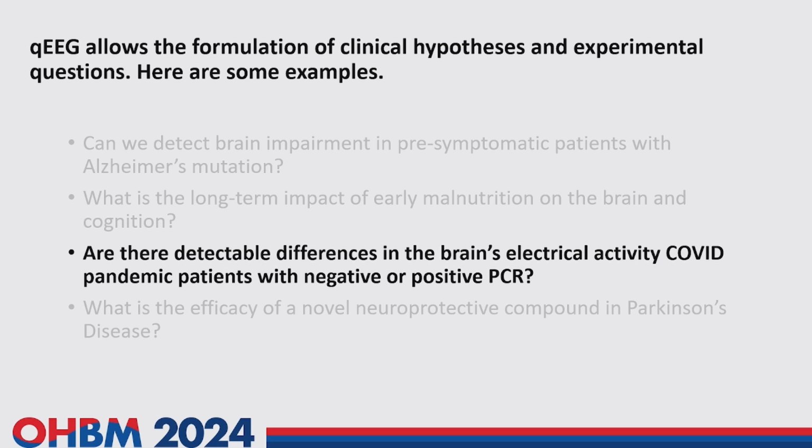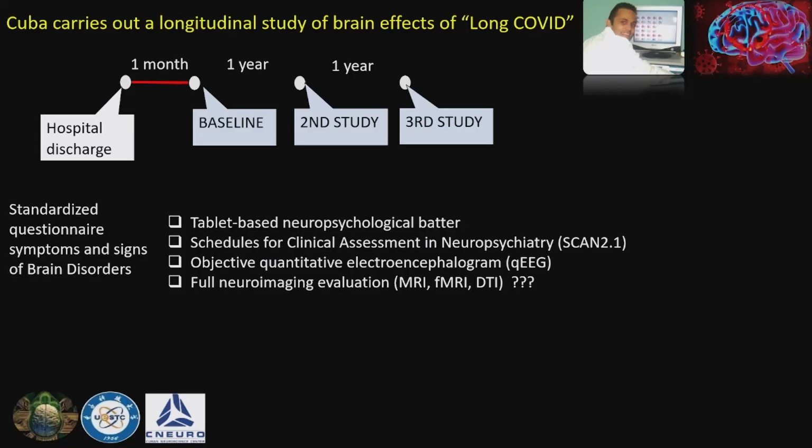Another question: are there detectable differences in the brain electrical activity of COVID pandemic patients with negative or positive PCR? Cuba carried out a longitudinal study of people who were hospitalized due to possible COVID infection.